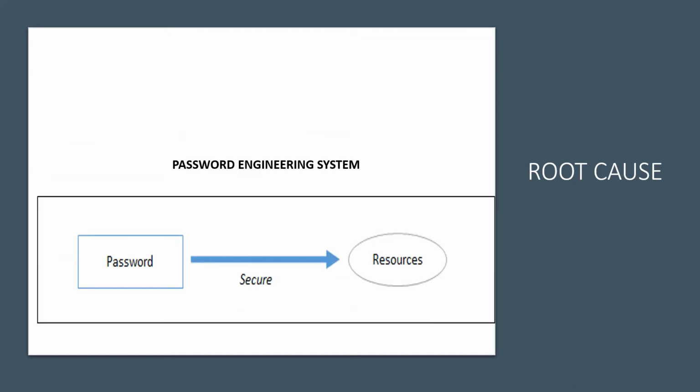We are using function analysis to model the password component to further explore what information we can use to achieve our goal, which is a simple and secure password. Figure 2 shows the password engineering system that we want to achieve. The password function is to secure the resources from being compromised by unauthorized persons.